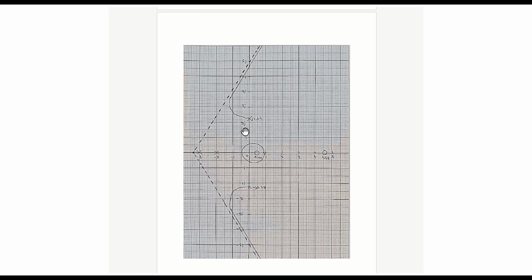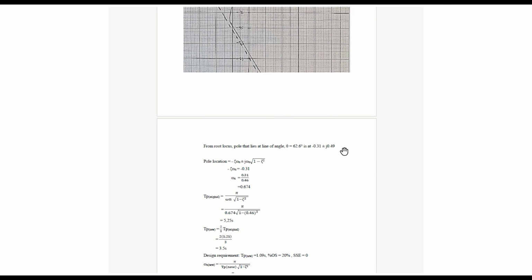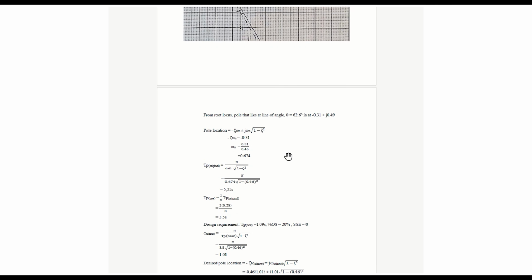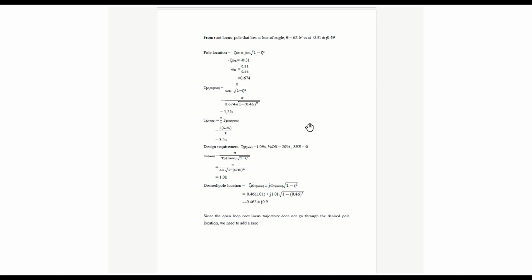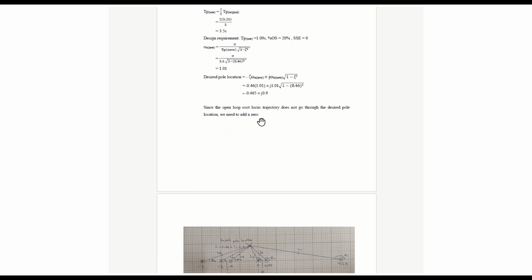We must locate our desired pole location, which is we get this value, and then from here we must know the value of omega n in order to obtain this desired pole location, and from there we can know our original peak time, and then we can compare it to obtain a new peak time, and then from there we must know the value of our new omega n. From there we can know the new desired pole location to meet the design requirement.